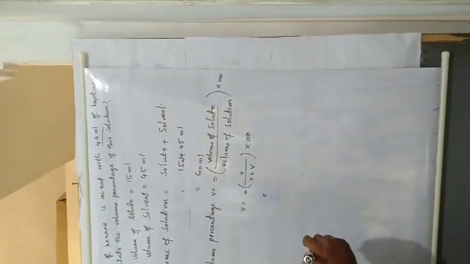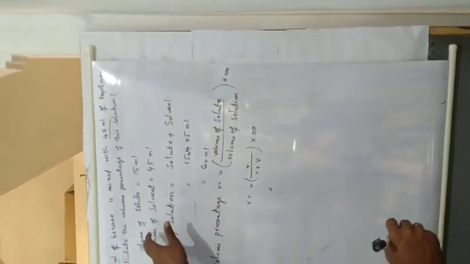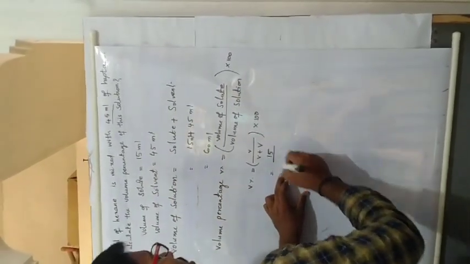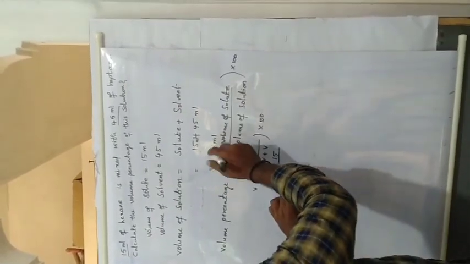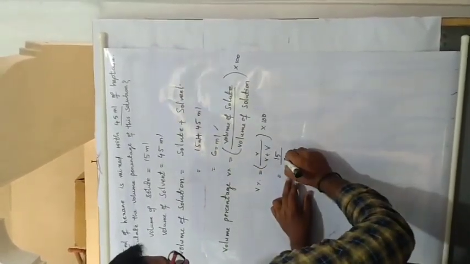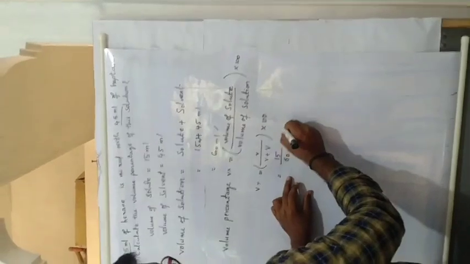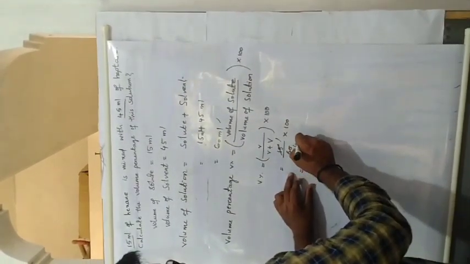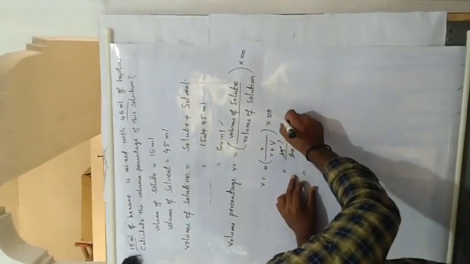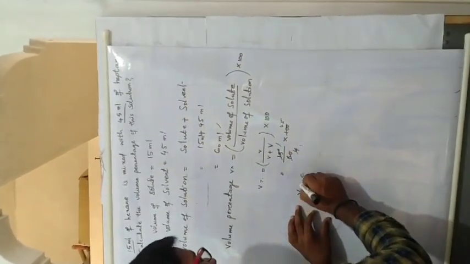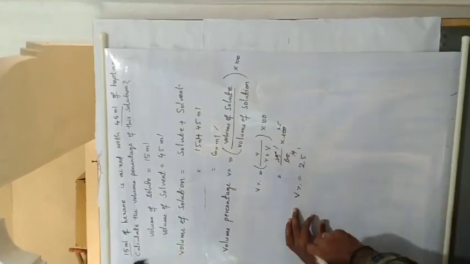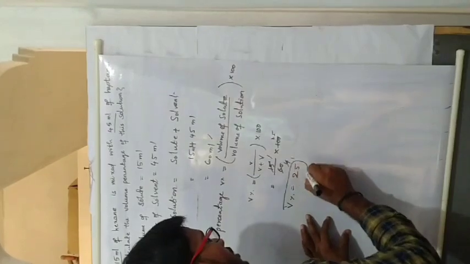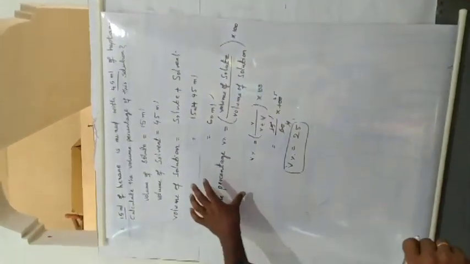We already know the volume of solute: 15 ml. The volume of solution we already found is 60 ml, into 100. Cancel: 15 ones are 15, 4 ones are 4, so 25. Volume percentage equals 25%. So this is the method to find the volume percentage of any solution.